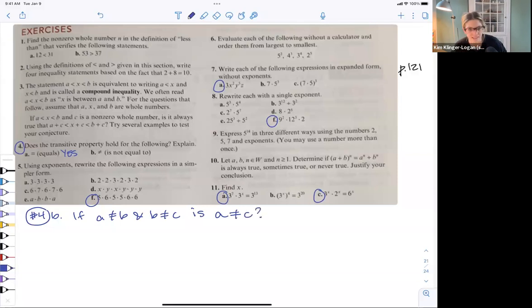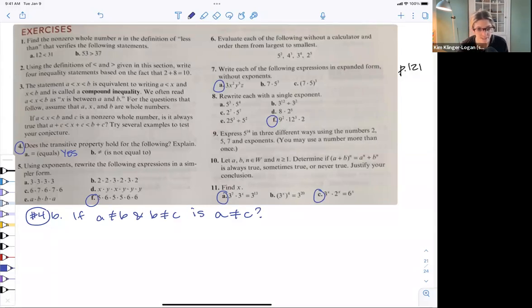Can we conclude that A is not equal to C? So maybe think about this one for a moment. It feels like this should also be transitive, that we should be able to say that A is not equal to C.